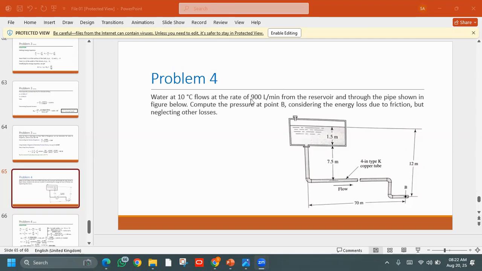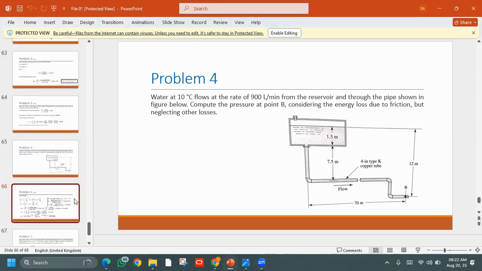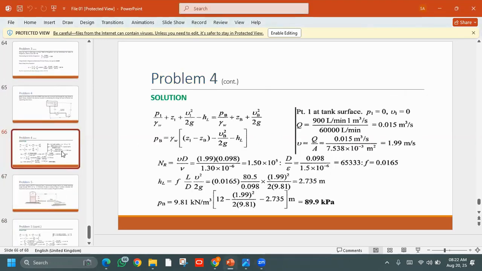That will be converted to meter cube per second after that. Through the pipe as shown in the figure, we need to compute the pressure at point B, considering the energy loss, which is also called head loss due to friction, but we need to neglect other losses as well. So let's move towards the solution of this question.